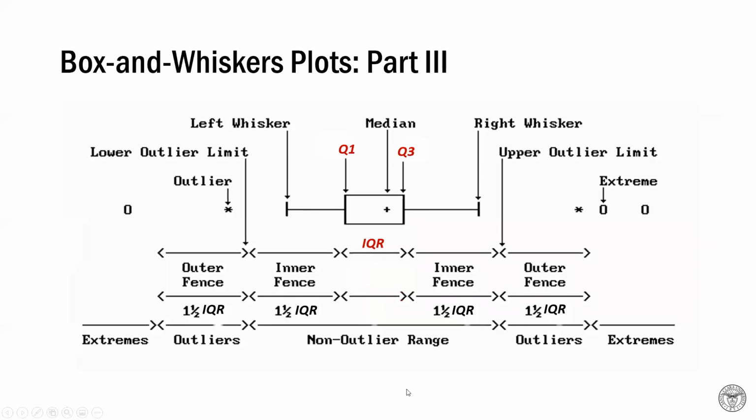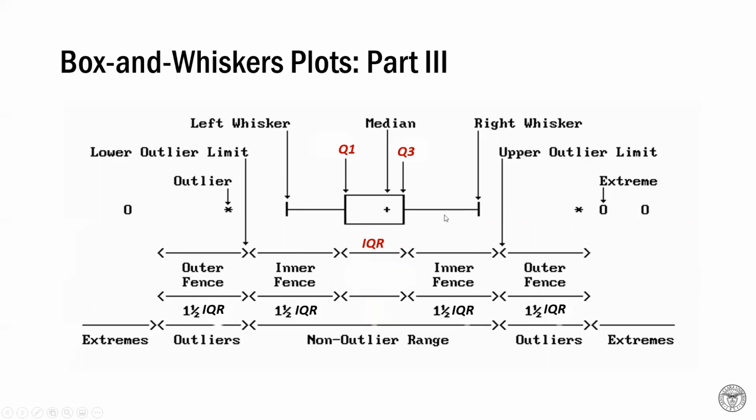Let's demonstrate in another graph over here. As we can see from this graph, we have the box defined by the first quartile and the third quartile. We also have the inner fences and outer fences.